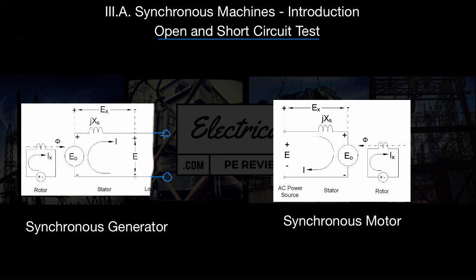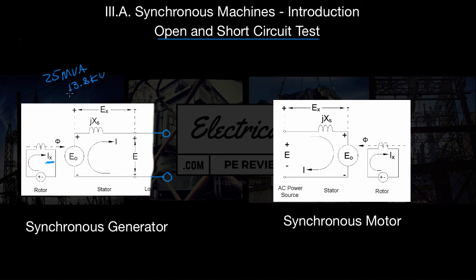So the open circuit says, in essence, they're measuring this voltage right here, and they're going to slowly start to increase I of x. Now say this was a 25 MVA rated generator that was rated for 13.8 kV.